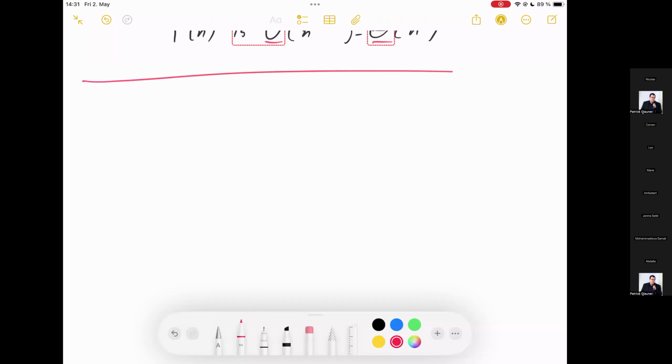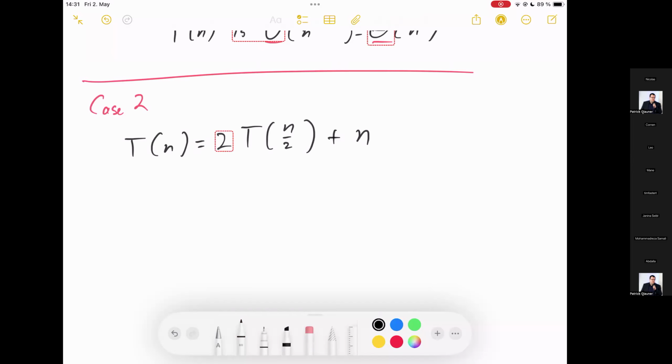So, case 2, we will have T of n is 2 times T of n half plus n. Do you remember this recurrence relation from last week? If you remember it, because we studied it, maybe you sent me some positive reaction.